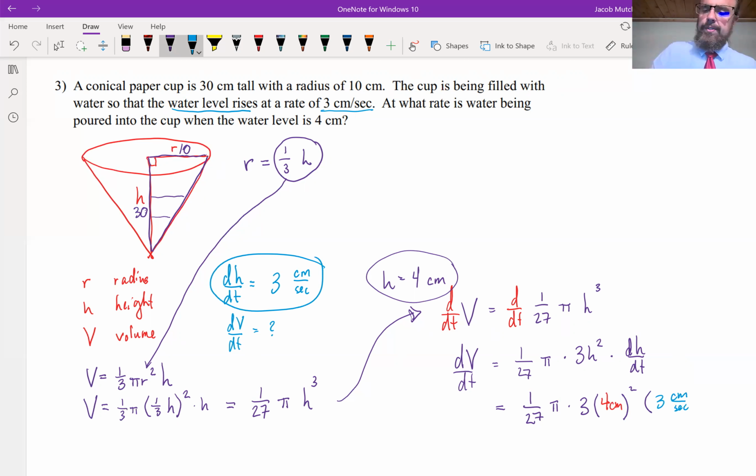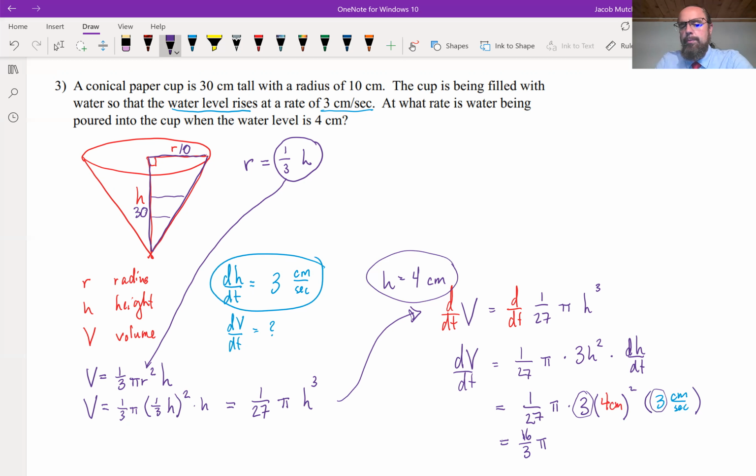Once I've made those substitutions, I want to simplify that statement. So I see that I've got a 3 and a 3 in a numerator level, so that's 9, which will combine with my 1/27 to be 9/27, or 1/3. I've also got a pi there, and then I've got 4 squared, which is going to show up as a numerator of 16.